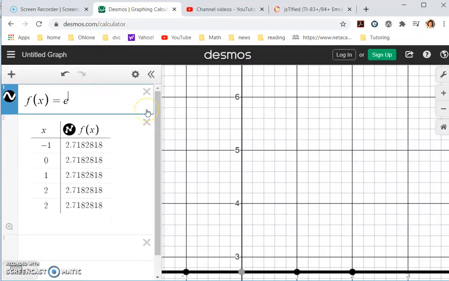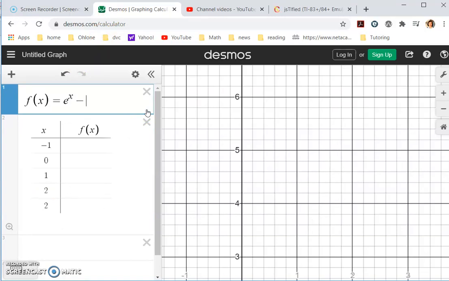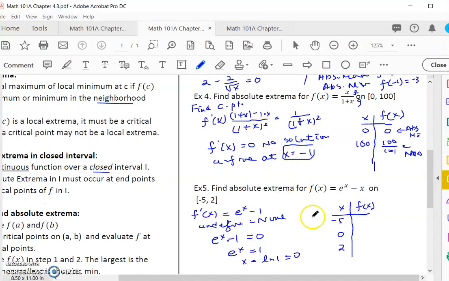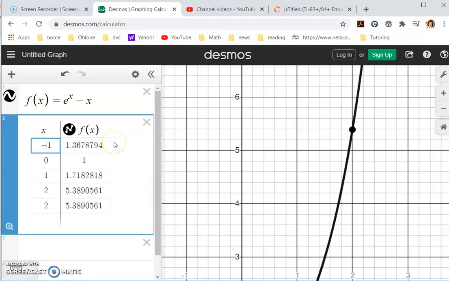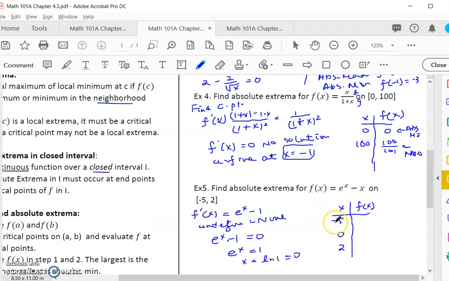What numbers do I need? -5, 0, and 2. So it's 5.01, 1, 5.38. So obviously 5.01 and 5.38.